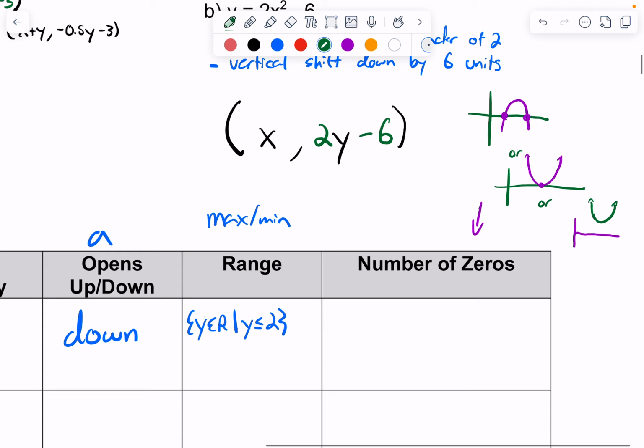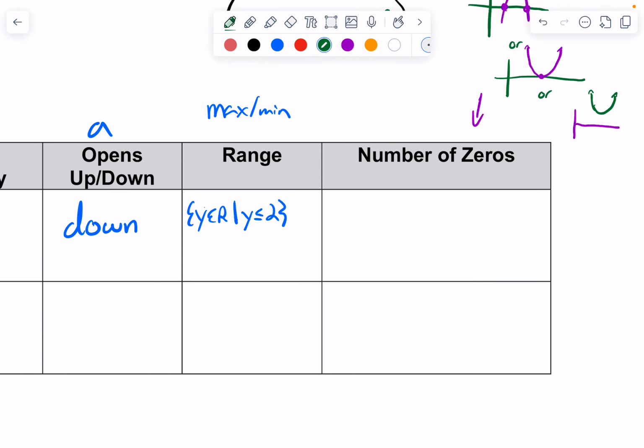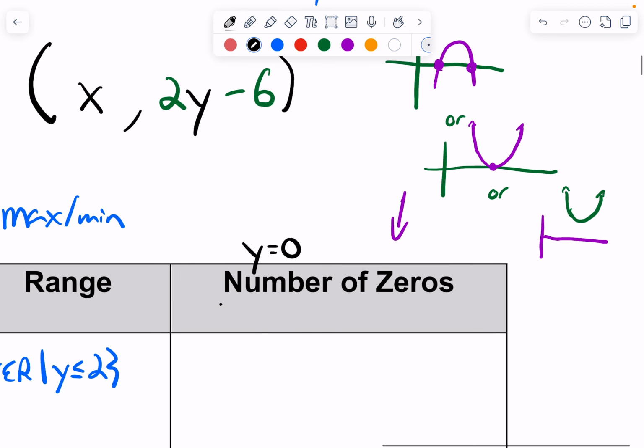So there is a formula that you can use. Remember from the previous unit, how do you calculate zeros in general? Well, it's when the y's are equal to 0. All of these points right here have a y coordinate of 0. That's why we call them zeros.